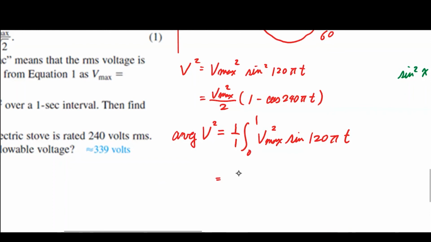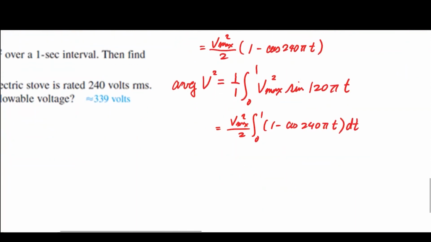So this is V max squared out here, divided by 2, and the integral from 0 to 1 of 1 minus cosine 240 pi t dt. You with me? Okay.